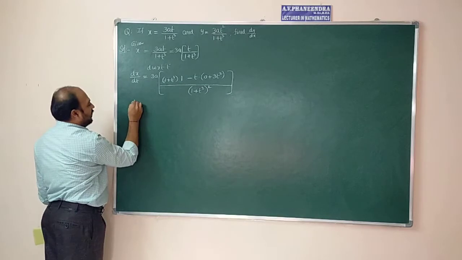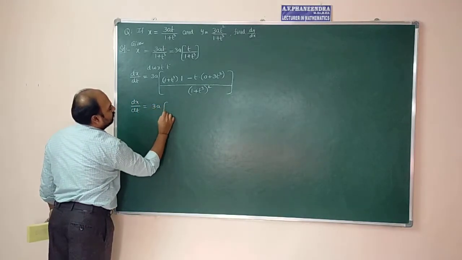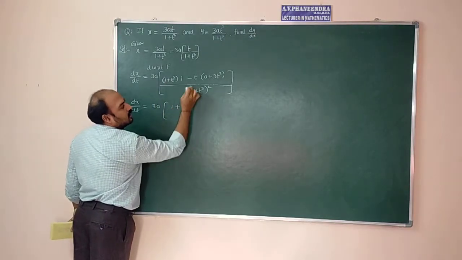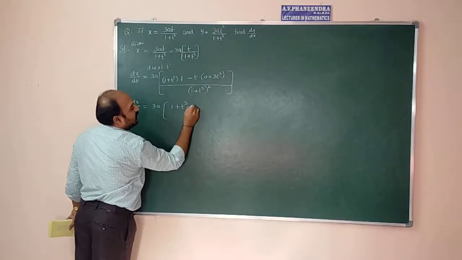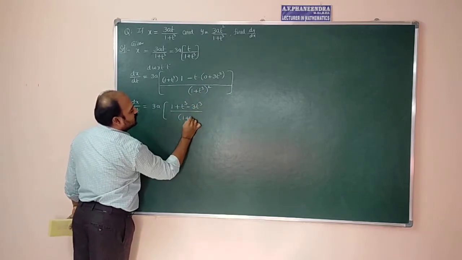Now simplify, dx by dt is equal to 3a into 1 plus t cube minus t into 3t square, that is minus 3t cube, divided by 1 plus t cube whole square.